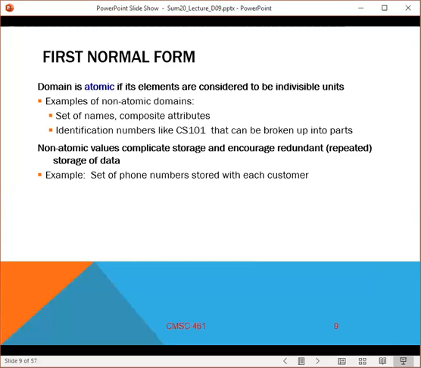So essentially, getting your design into first normal form is actually making it compliant with the relational model. Once you do have it in first normal form, then it's possible that you may have some of these other problems, partial dependencies and transitive dependencies.